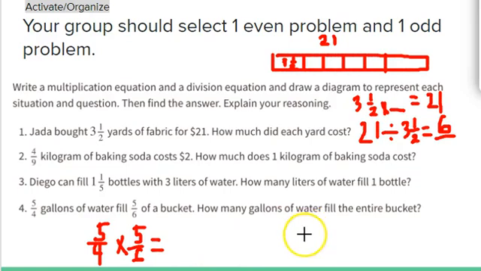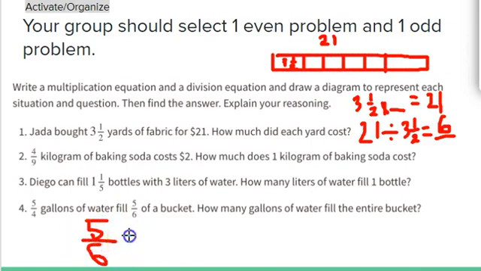We can also think of it as, wait, no, that's not it. Because it's 5/6 of the bucket times however many gallons are in the bucket gets us our 5/4 gallons. There we go.